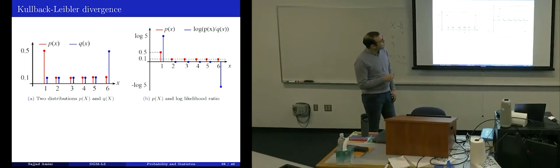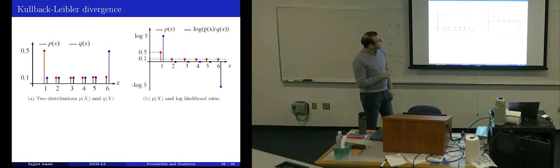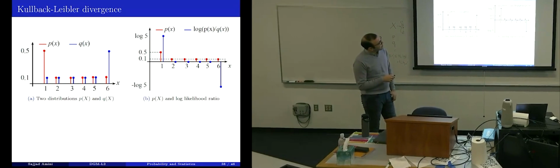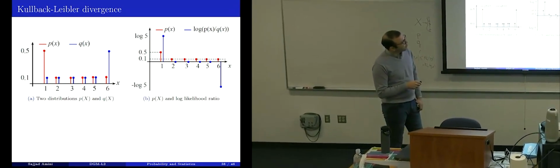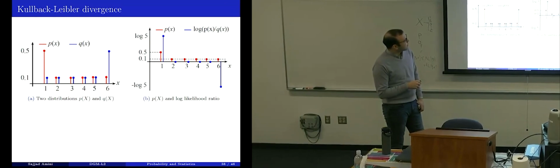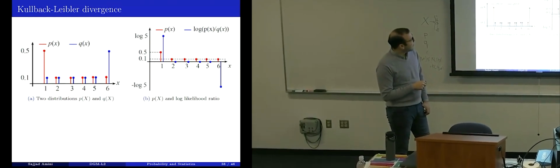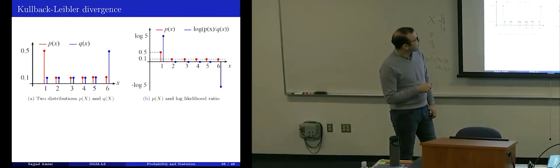First, I need the first distribution because the expectation is with respect to the first distribution, so I plot it here. And I need this logarithm value, the logarithm of the ratio in each of the states of the random variable, and they are also plotted here. As you can see, in the places where they assign similar probability to the state, this log value is 0.